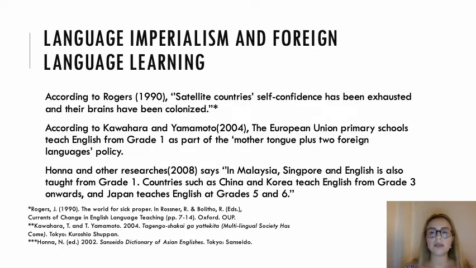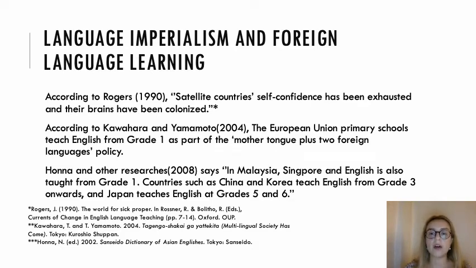In this way, the production of methods, techniques, and materials falls into the hands of the center. The countries that teach the dominant language of the center play the role of consuming them. In satellite countries, there is no production in this direction. The role of the technician is sufficient for them. They continue their foreign language education in accordance with the framework drawn by the center.